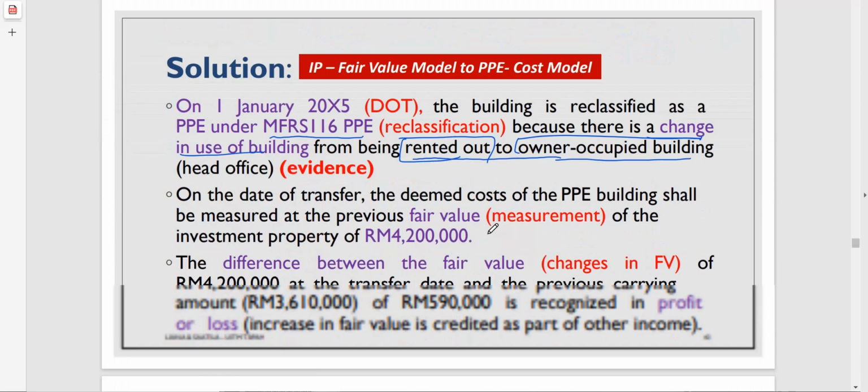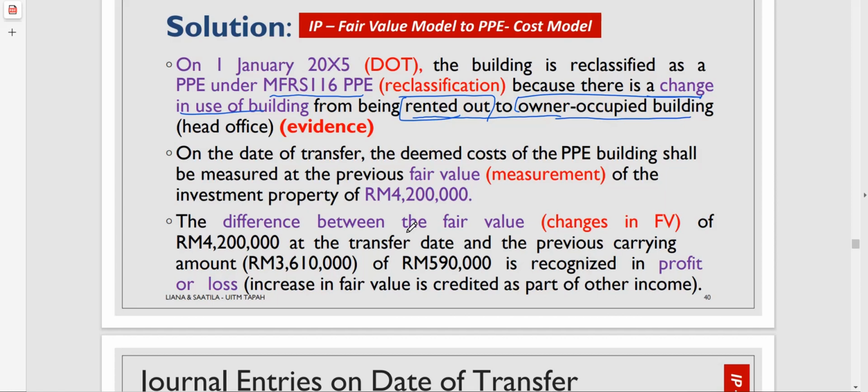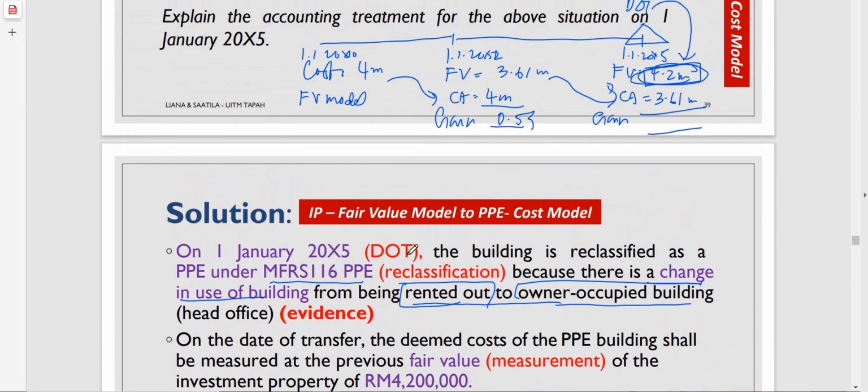That would be your gain on fair value on the first year, sorry, it will be here actually. Here is 0.59. Let me just correct the item here, not this one.